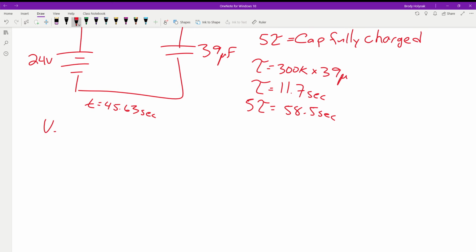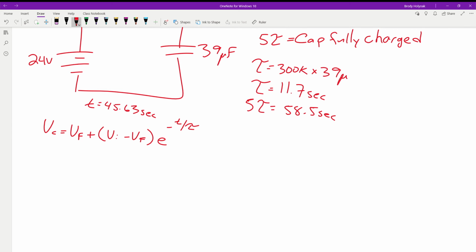So the voltage of our capacitor is equal to the final voltage plus the initial voltage minus the final voltage times e to the negative t over tau. What we're trying to solve for is this voltage. It's what we're being asked for.